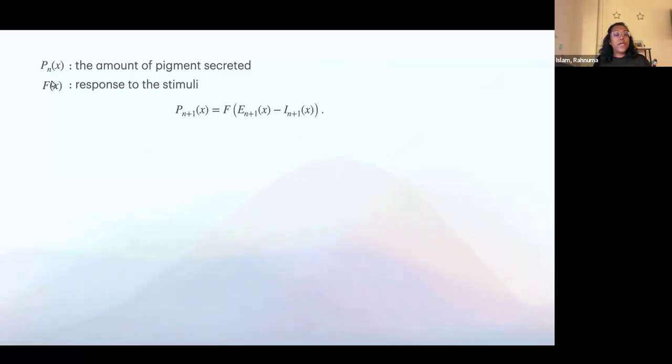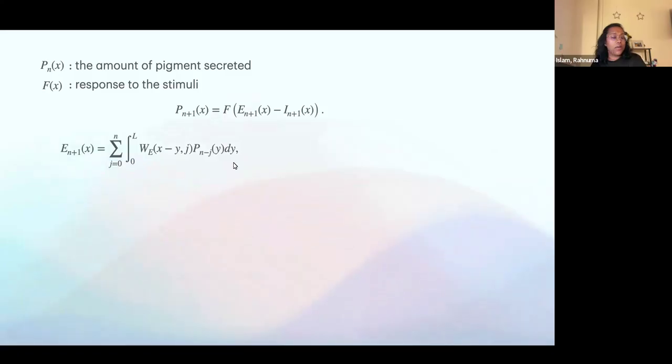So suppose P_n(x) is the actual amount of pigment secreted at time t equal to n and at the location x, and f is the response to this stimulus. Then this is our equation for the actual pigmentation that will occur in the next time step, P_{n+1}. Here, E_{n+1} is equal to this convolution integral, and I_{n+1} is equal to this convolution integral.